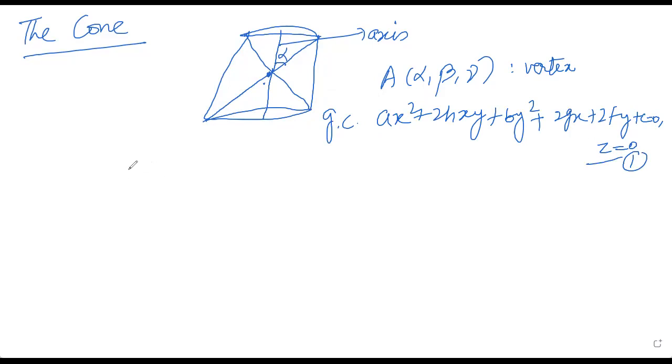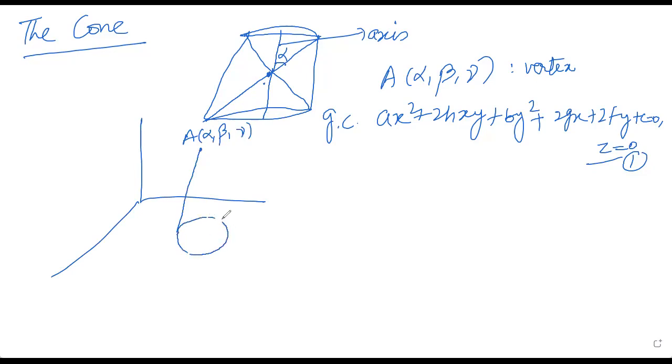So when we solve it, the equation of AP, if A is a vertex, suppose P is some point on this curve. So I took it like this. Here the vertex is A, with coordinates alpha, beta, gamma in space, and you have some point P on this guiding curve.